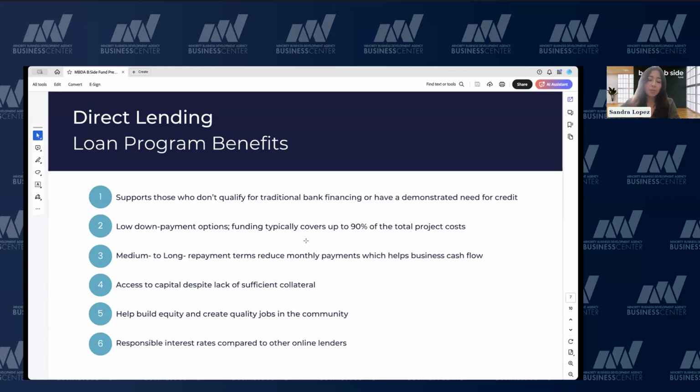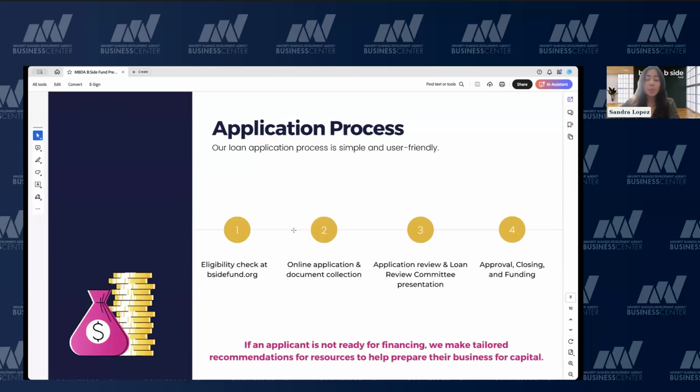And we feel very confident about our interest rate and the conditions that we offer to our borrowers. And the application process is very easy. From our end, we will request that you submit an eligibility check through our website at bsifund.org. Once that application is complete, we will get back to you, giving you the option to submit all the financial information through our secure portal.